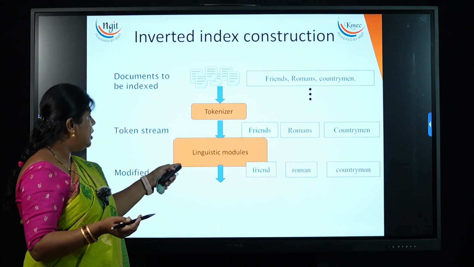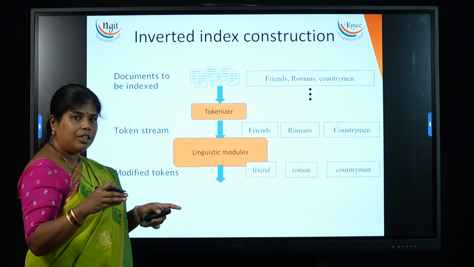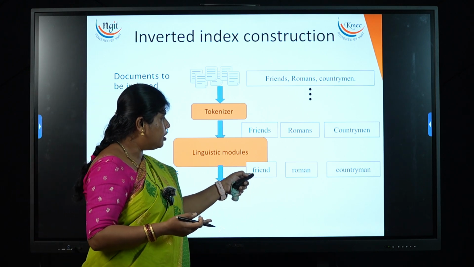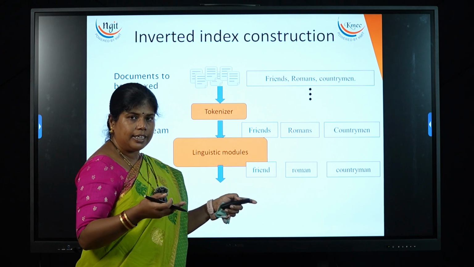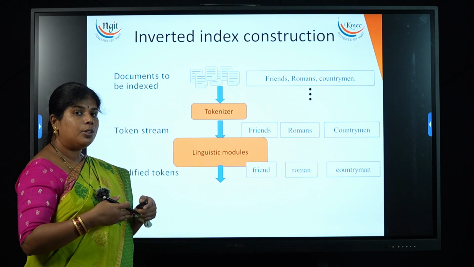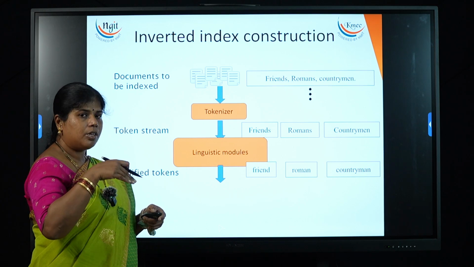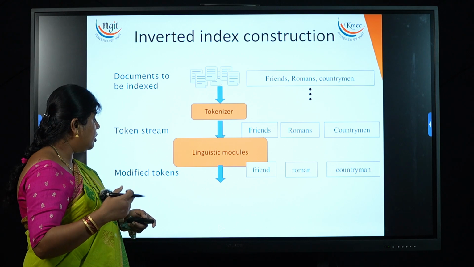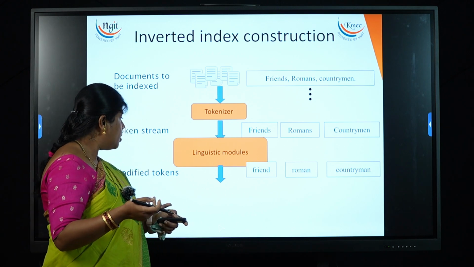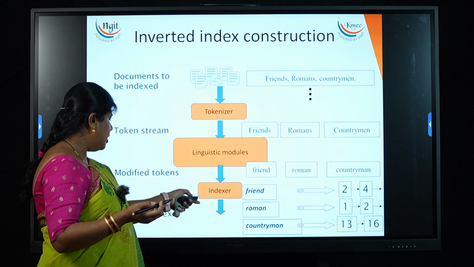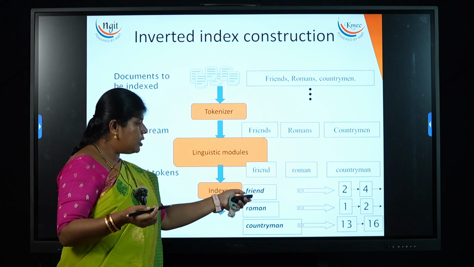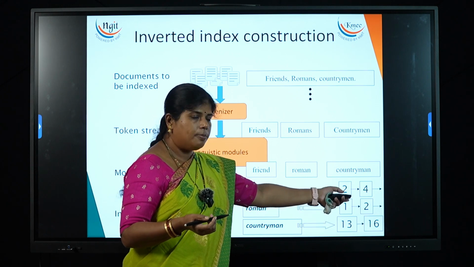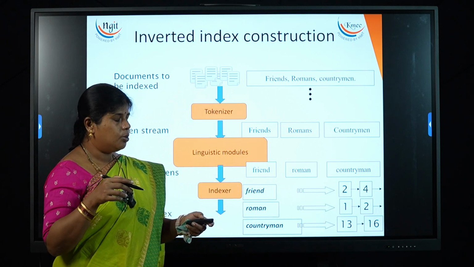Next, linguistic models, meaning in day-to-day language, how you are using these terms, friend, Roman and countryman, like that. You should be able to capture all the possible combinations of that term. Then only there will be a proper match, and then only there will be a proper retrieval process. Finally, we are going for the indexing. So these terms are part of these documents, and those document IDs I am representing using a linked list.